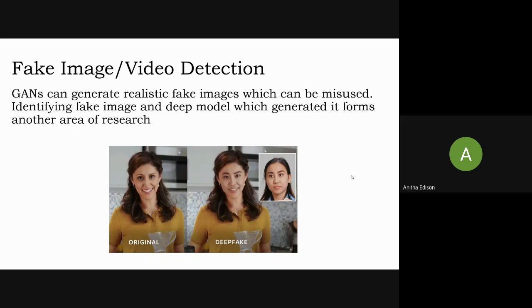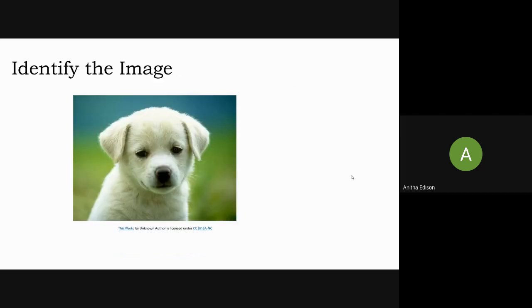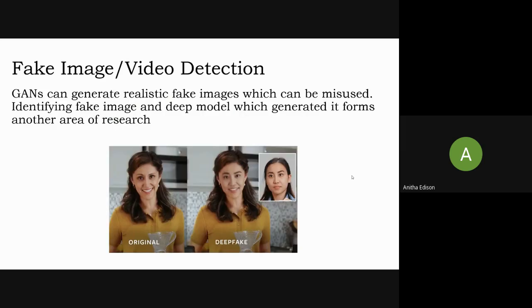So identifying fake images and identifying the original images is another important area which is currently researched. So we can pick any of these areas to start with computer vision research.